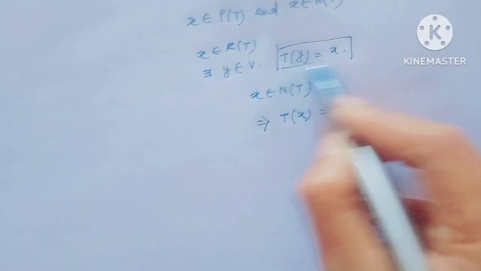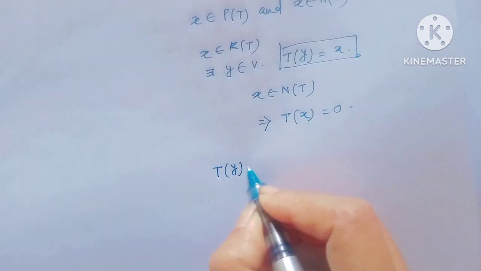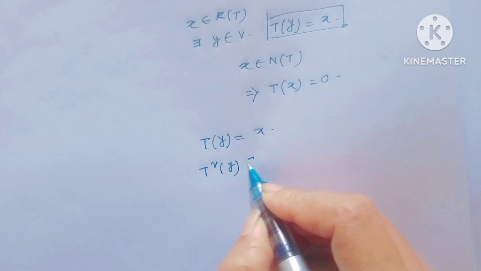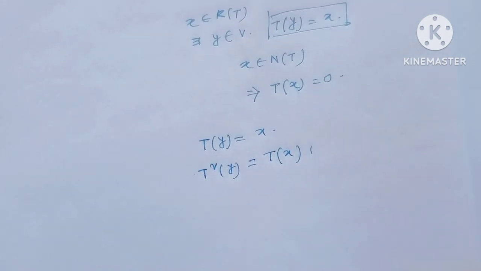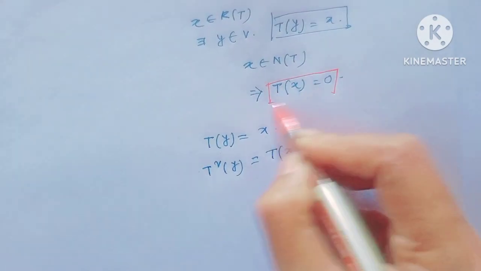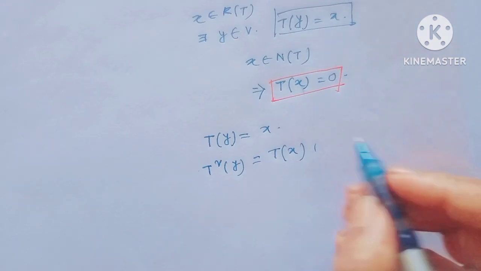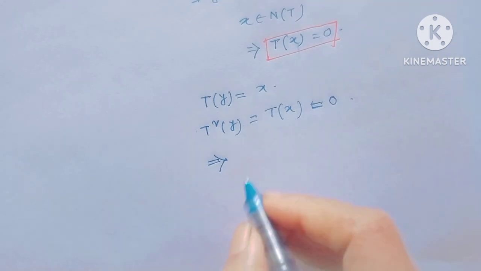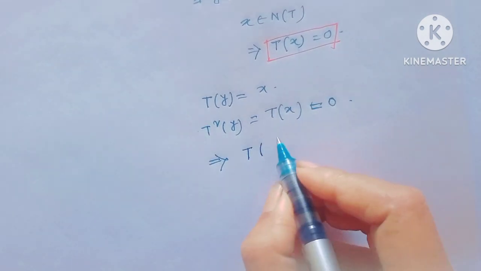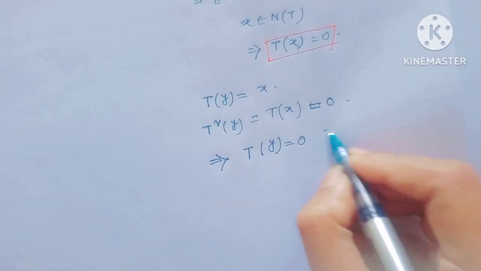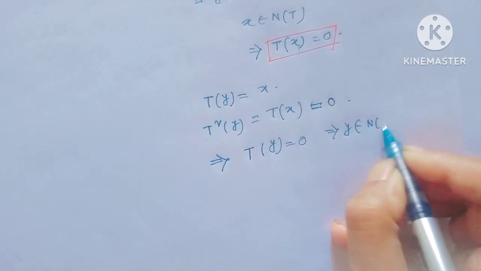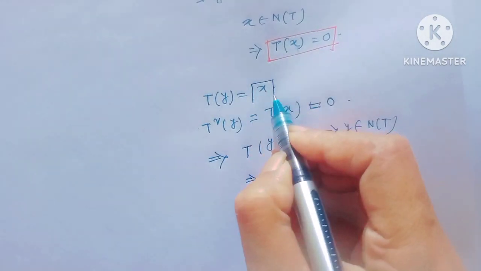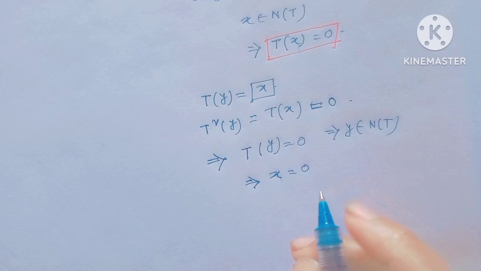Here I have T of Y equals X. Apply T on both sides, then T square Y equals T of X. And here T of X equals 0. That means T square Y equals 0. That means T of Y equals 0. That means Y belongs to null space of T. That implies X equals the zero vector.